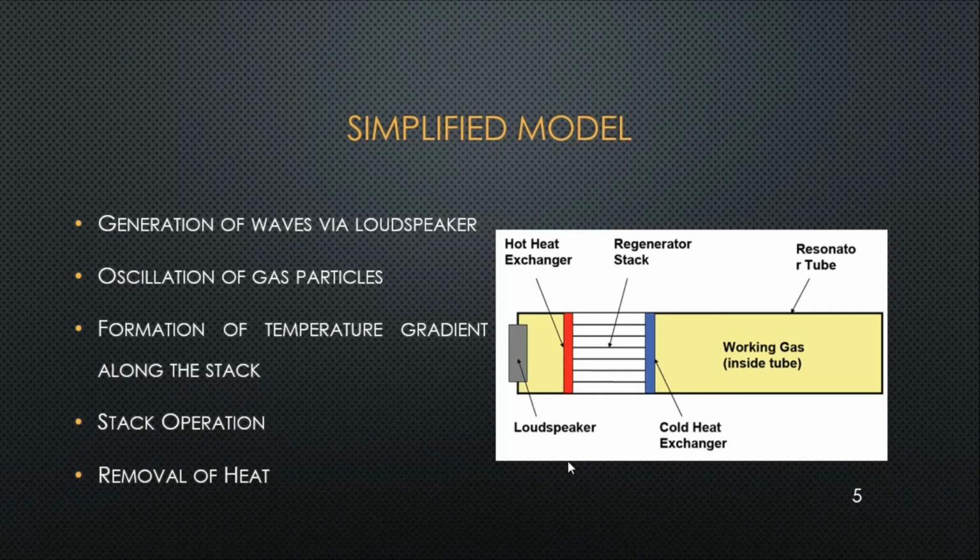This is the phenomenon that will result continuously, so that the stack operation is evident and the heat is continuously moving towards this hot heat exchanger, from which it will be continuously removed. So the cold heat exchanger will act as the counterpart of the evaporator in the vapor compression cycle refrigerator.